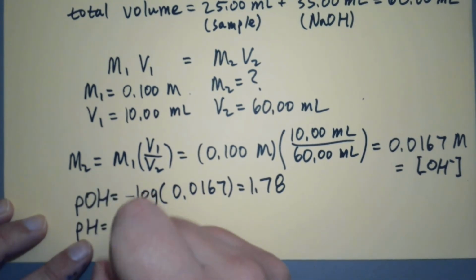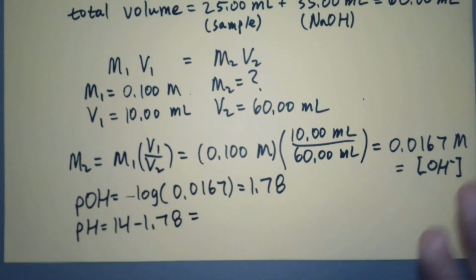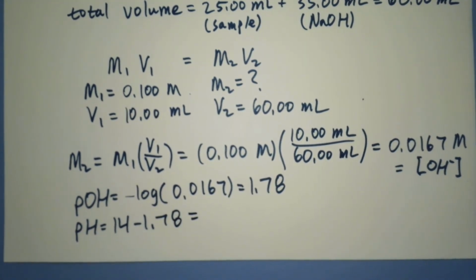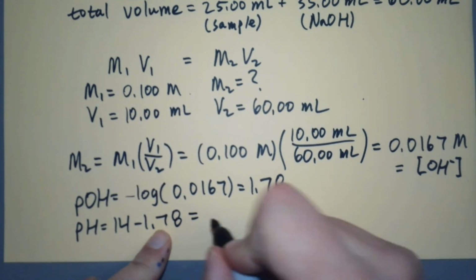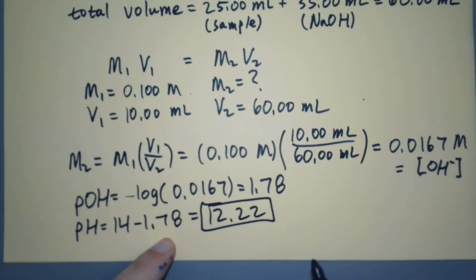Let's see. So 14 minus 1.78. I'm not even explaining what I'm doing anymore. I've done it so many times. Alright, so pH equals 14 minus pOH. That's 12.22. Does that make sense? Sure, why not? It's a high value. Okay.